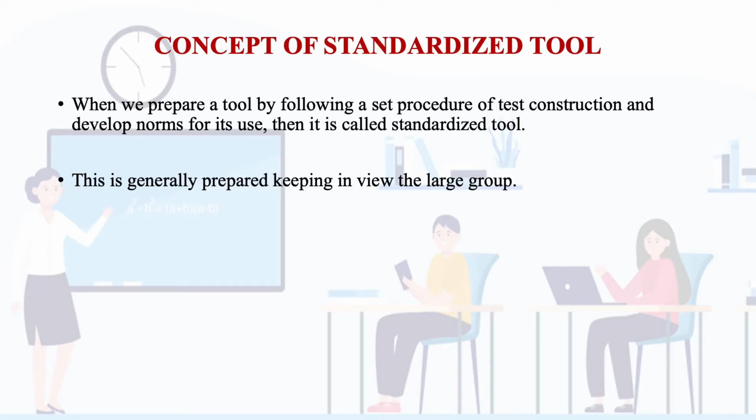Okay, so keep in your mind the very concept of a standardized tool: when we prepare a standardized tool, the detailed process and the set of procedures of test construction are followed. And further, this is generally prepared keeping in view the large group.